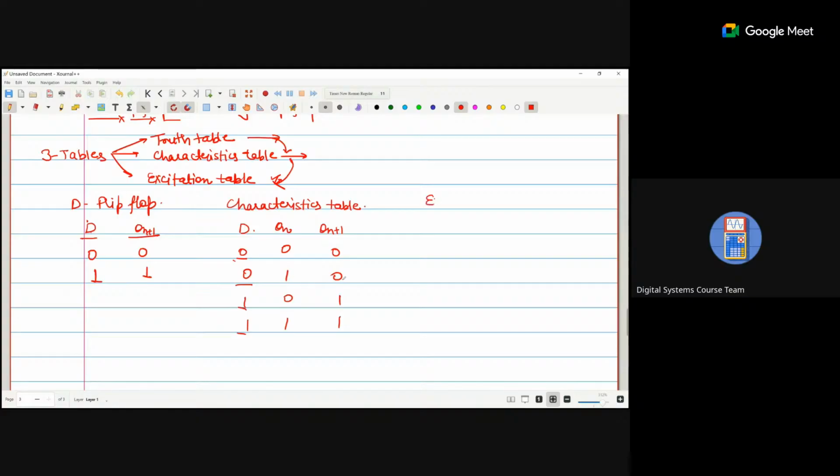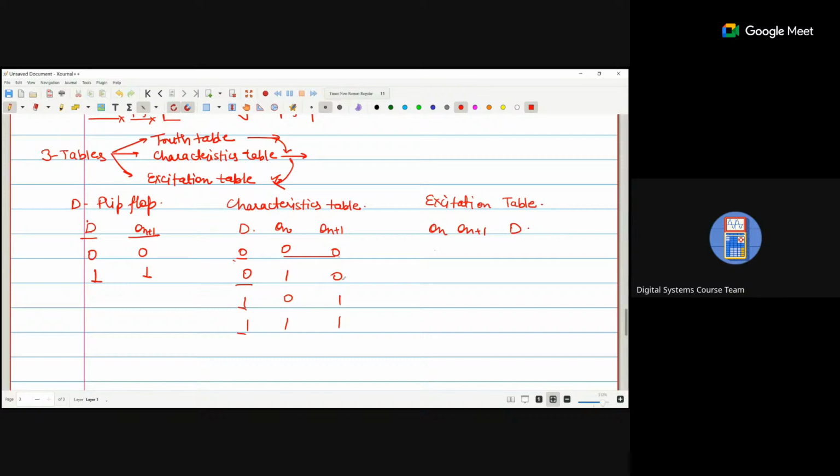And the third one is the excitation table. In the excitation table, we assume that Qn and Qn plus 1 are our inputs, and D is the output. From the output, we define our inputs.